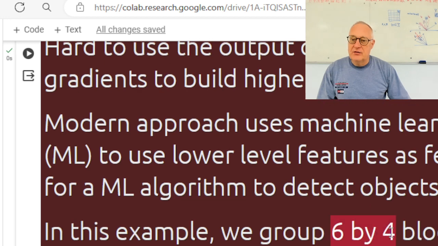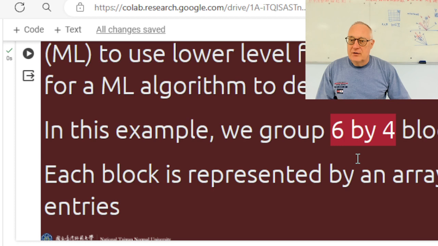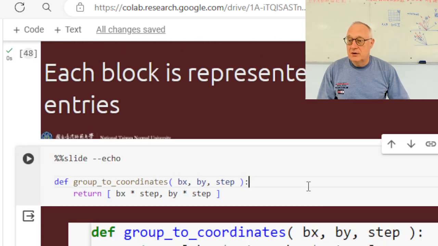So here we have 6 by 4 blocks. Each block is represented by 9 entries. So that's 24 times 9, 216 floating point numbers.